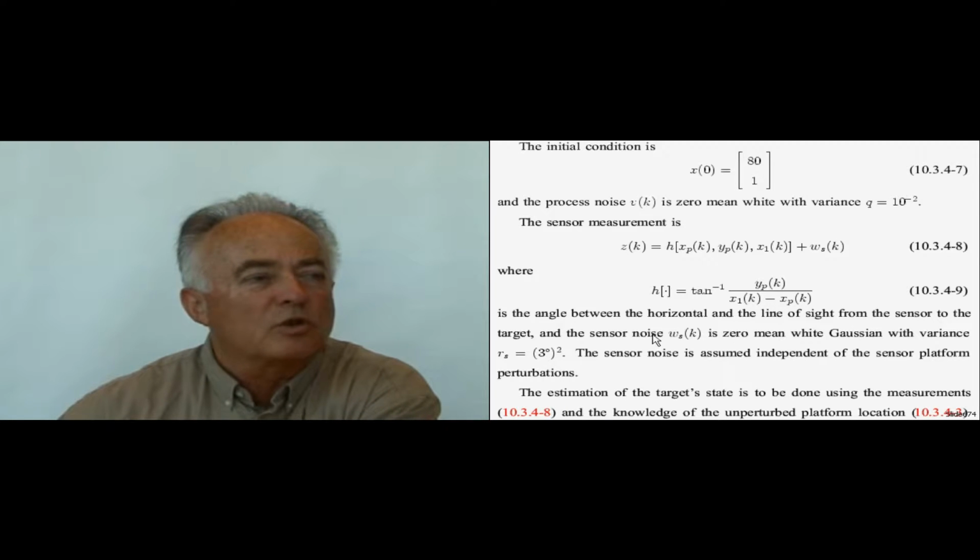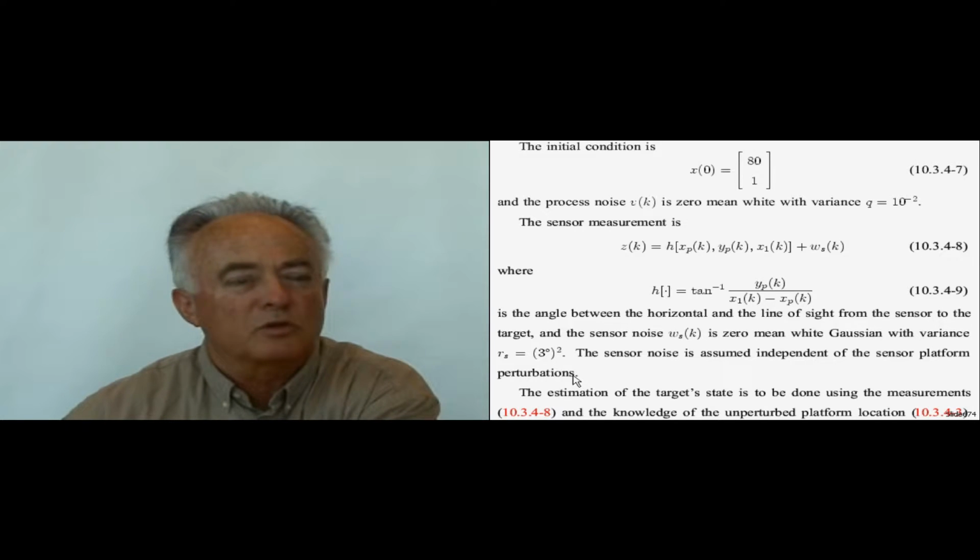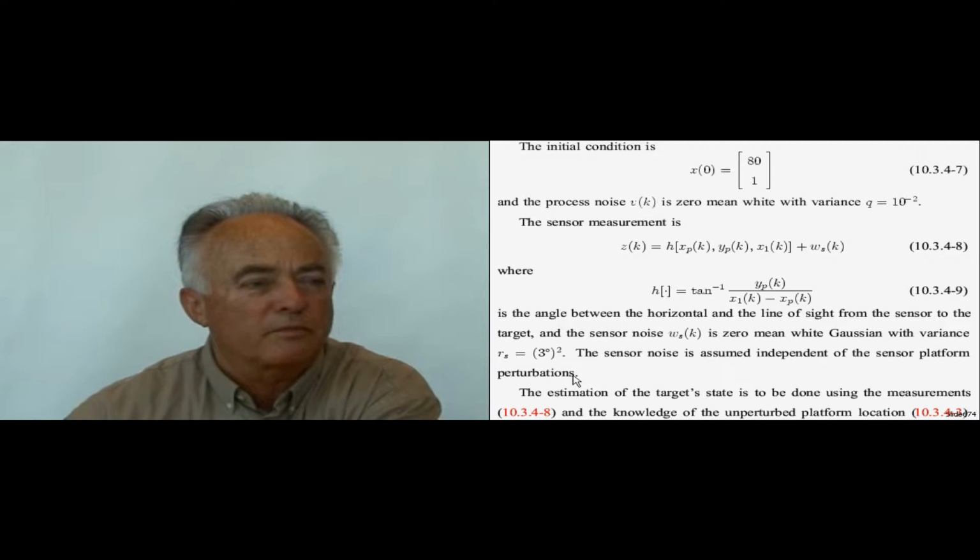And the sensor noise, WSK here, is zero mean white with variance of 3 degrees squared. So the standard deviation is 3 degrees. The sensor noise, again, is assumed independent of the sensor platform perturbations and the process noise. So we have the standard assumptions.